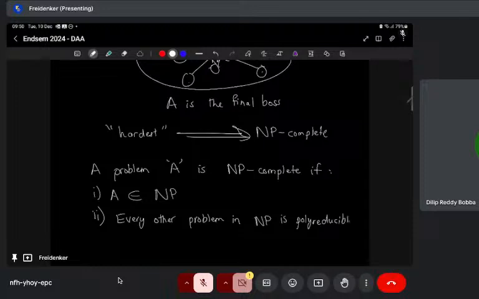So if I solve A, every other problem in NP is going to be solved. So NP complete. Nice.